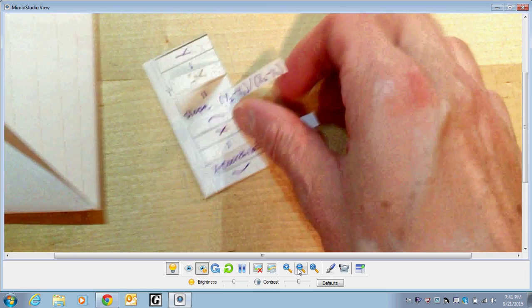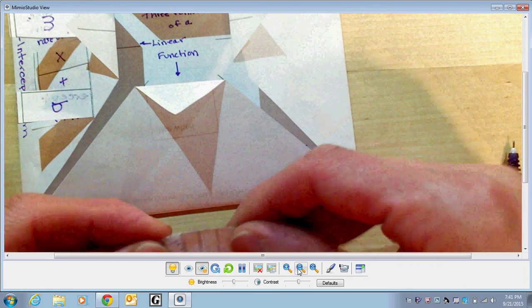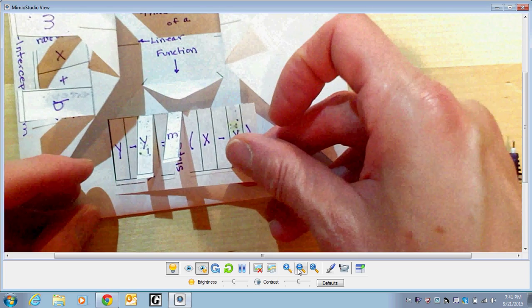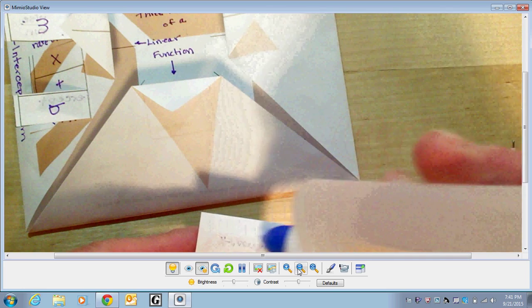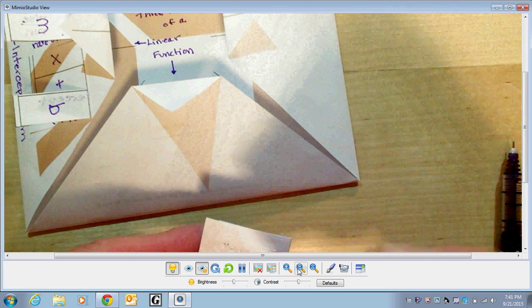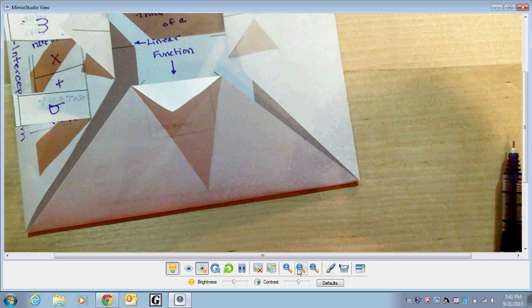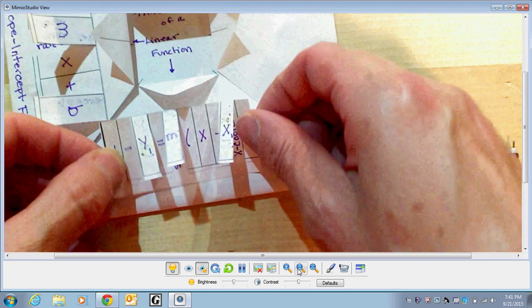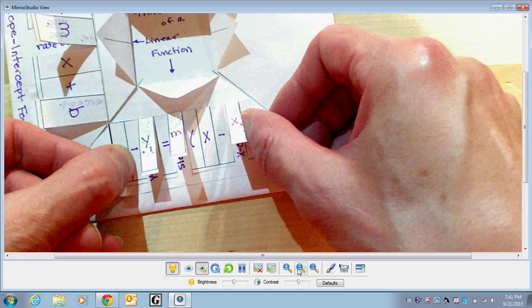So now what I'm going to do is take this and glue it on to the bottom part of my square foldable. Bring it up to where it will fit like the corners without going over.